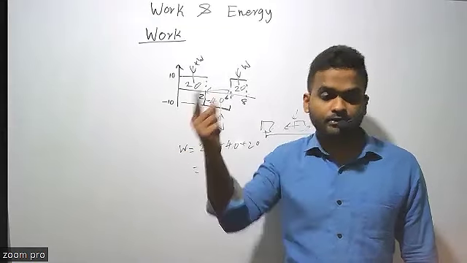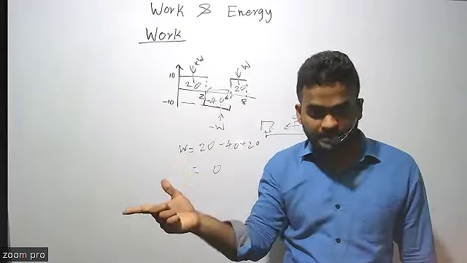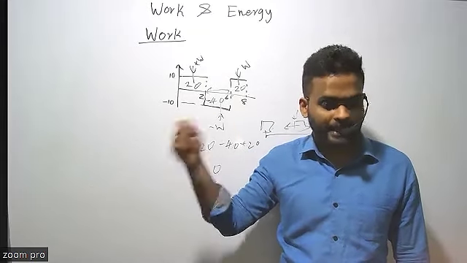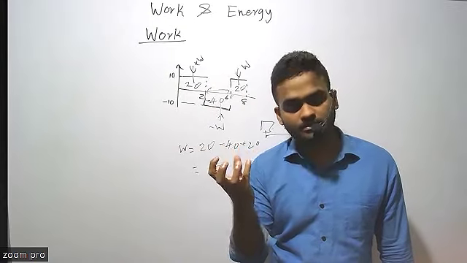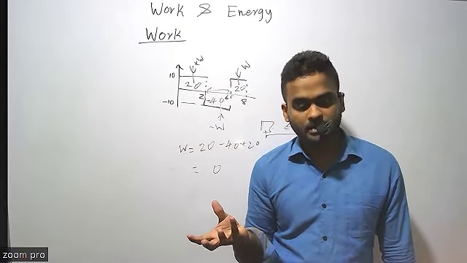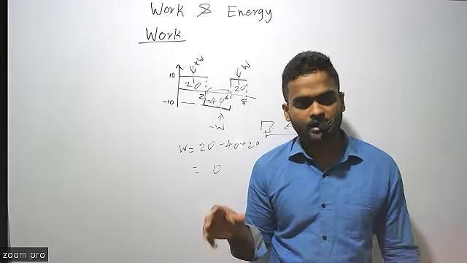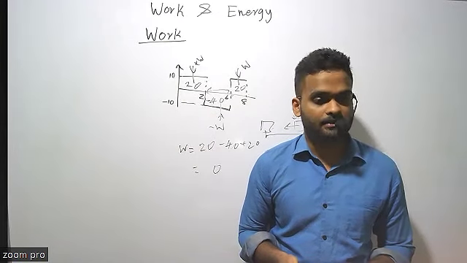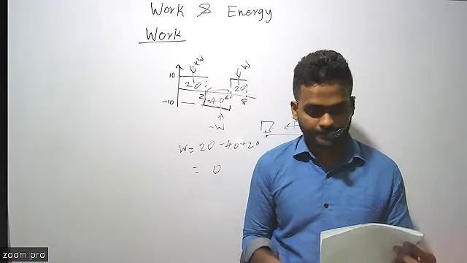If force is in the opposite direction, then the work done is going to be negative, meaning the system is losing its energy. So that is caused by a resistive force. Those are the main variations of work. First, you have to understand that.